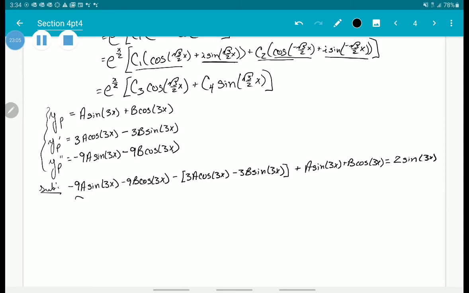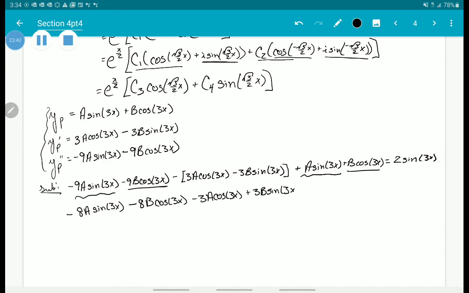So let's simplify some things. We have minus 8a times the sine of 3x minus 8b times the cosine of 3x minus 3a cosine of 3x and plus 3b sine of 3x. That has to equal 2 sine of 3x.